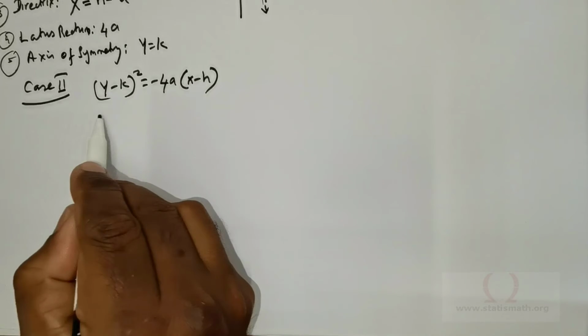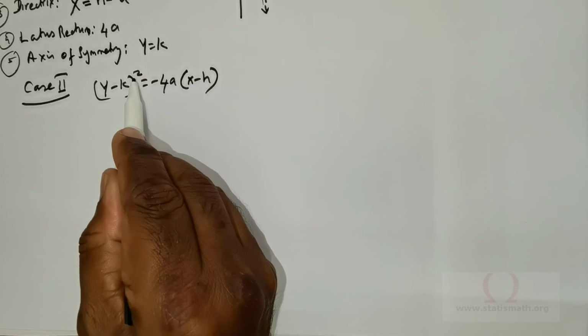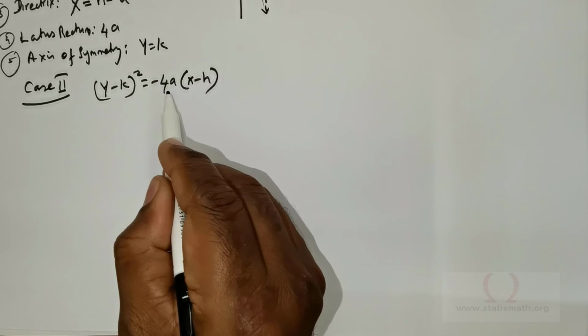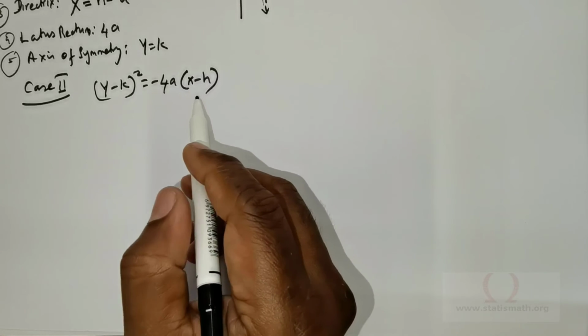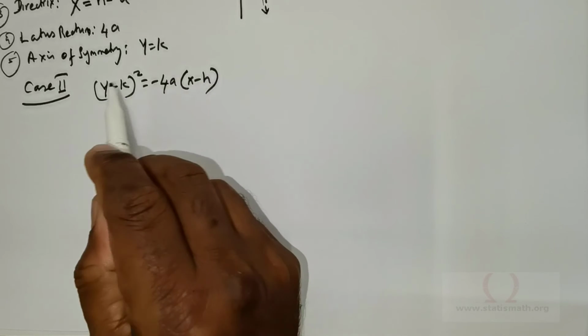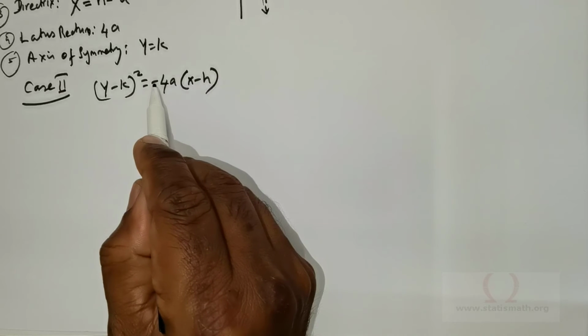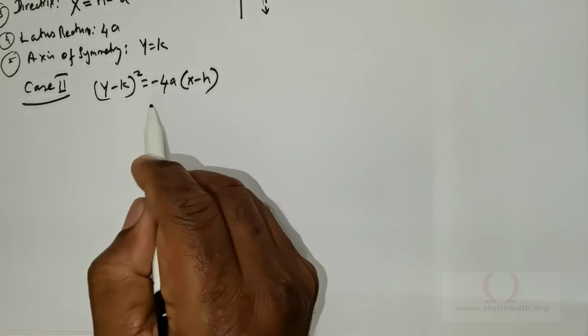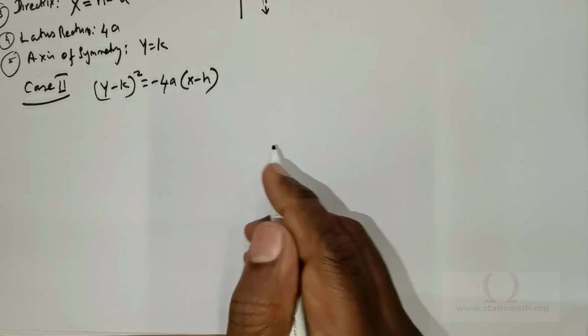Students, we are given this case 2, (y − k)² = −4a(x − h). Now clearly this is a C-shaped parabola, but only thing is that because of the negative sign, the orientation would be reversed.